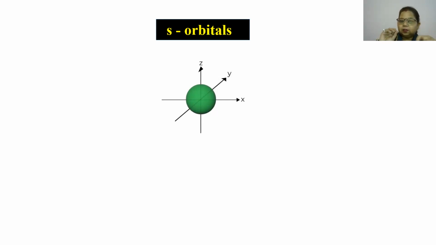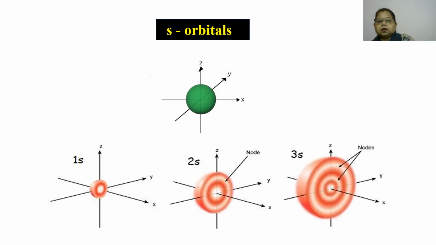That is, the electron density is equal in all directions for an s orbital. We say it is a directionless orbital, right? Because it's similar from all the sides. You can place it in any way.